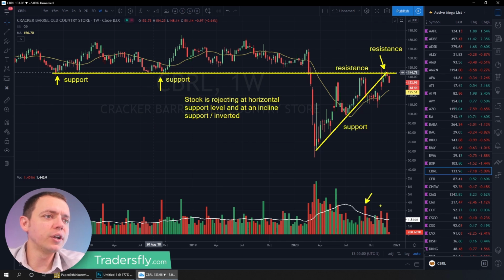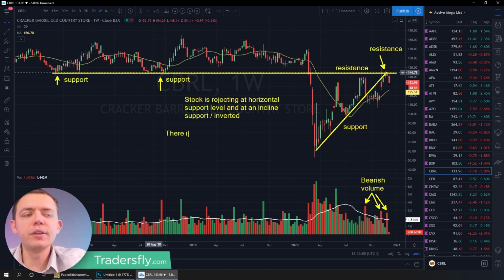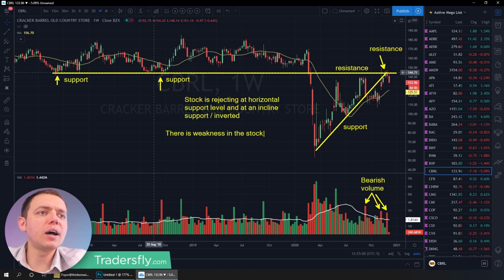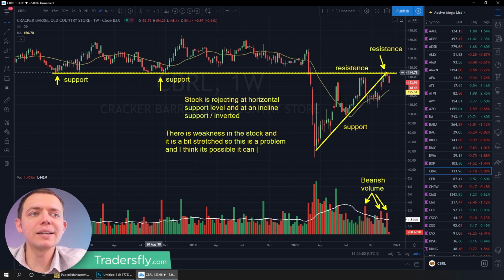So that's not good. You're also seeing some of the bearish volume kicking in. So there is weakness in the stock and it is a bit stretched.